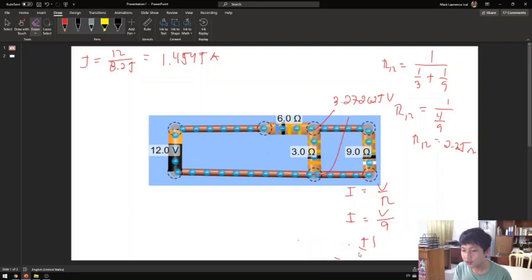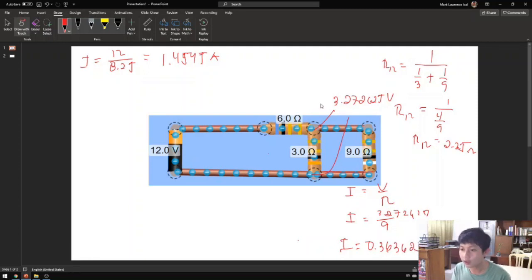So we already know the value of the voltage here, and this is 3.272625. Then I is 3.272625 divided by 9. So this is 0.363625.